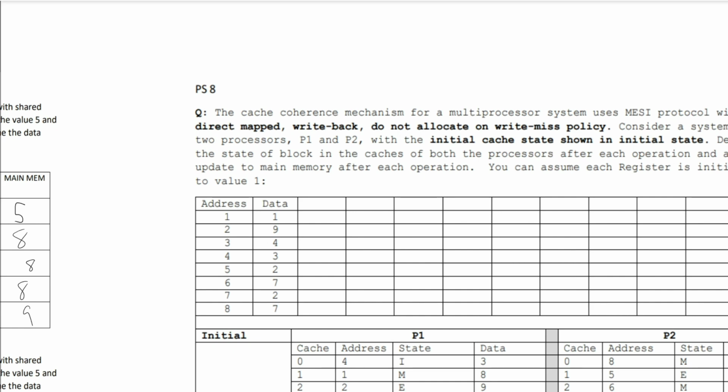So direct mapping, write back, do not allocate. Rx equals 1, right? Didn't say anything about memory.